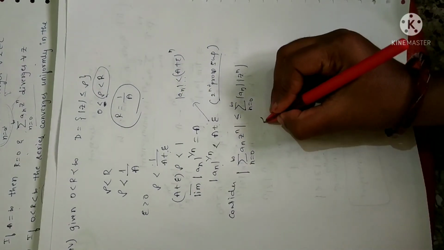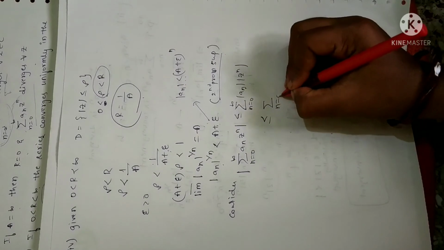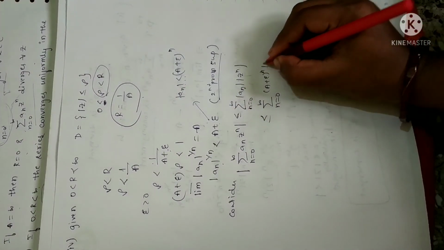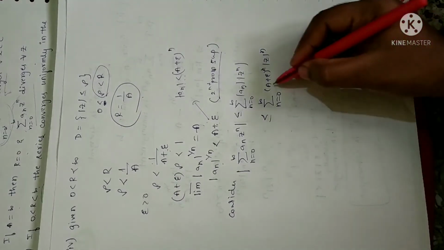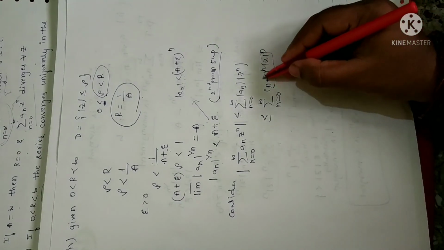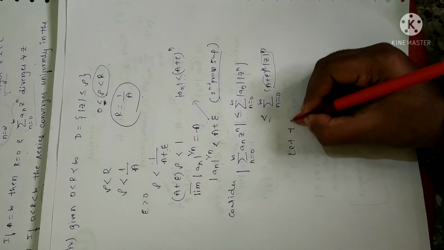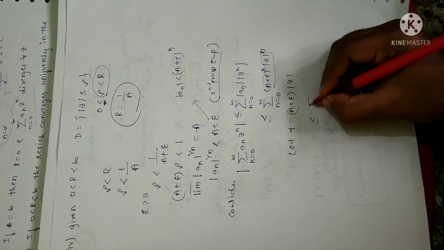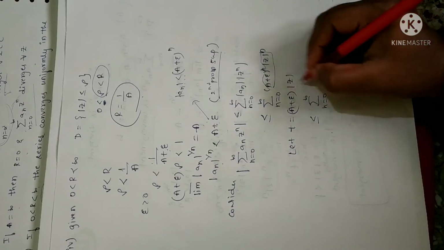So I can write this as less than or equal to the summation n equals 0 to infinity of (a plus epsilon) power n into mod z power n. Since the powers are the same, let me take the base as t, where t equals (a plus epsilon) into magnitude of z. So I can write this as the summation n equals 0 to infinity of t power n.